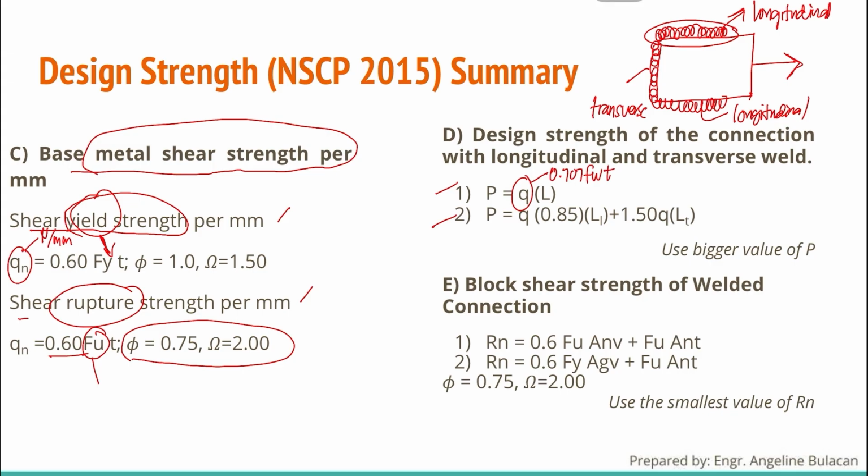Then, you also check it here: P equals Q times 0.85 times the longitudinal length, plus 1.5 times Q times the transverse length. Once we have solved both equations, what you choose here, class, is the bigger value.